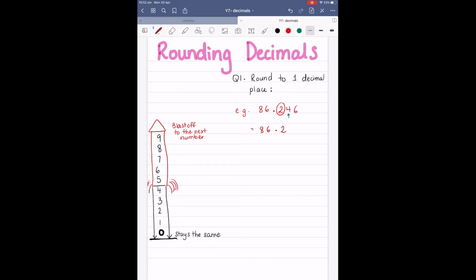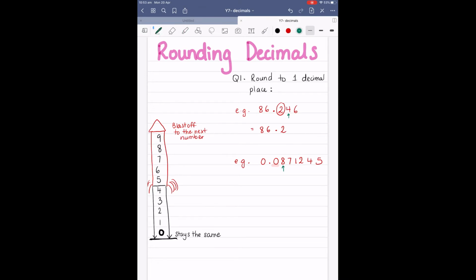Does that make sense? Let's do another example. 0.0871245. Let's say I want to round this to 1 decimal place. Do you agree this is one number after the decimal place?